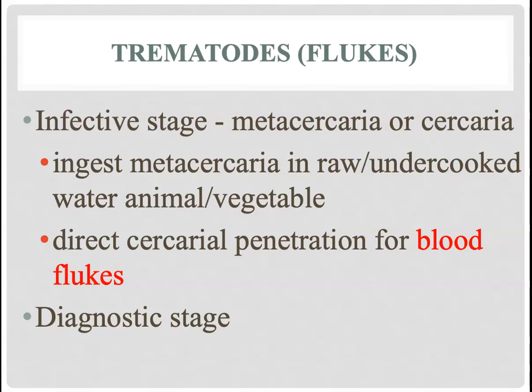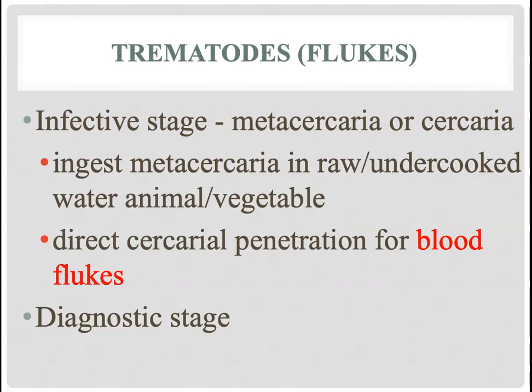Okay, the infective stage for most of our flukes is called the metacercaria. And when the metacercaria is the infective stage, we ingest that in raw or undercooked water animals or vegetation. For the blood flukes, the infective stage is the cercaria.